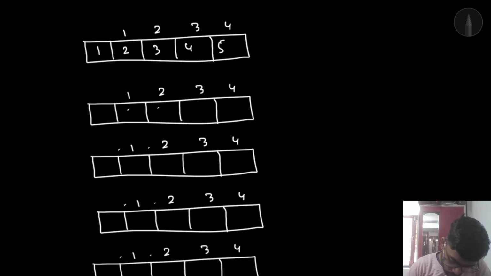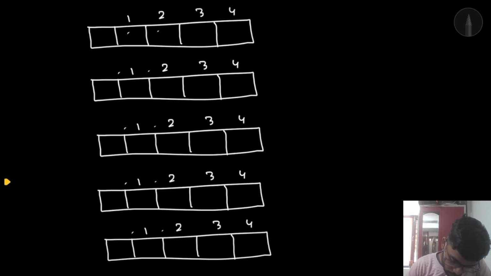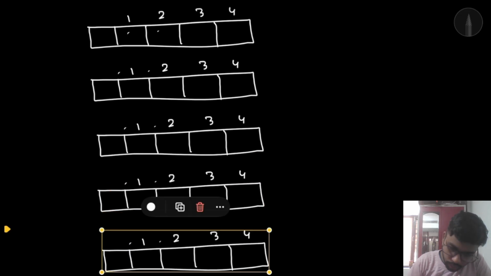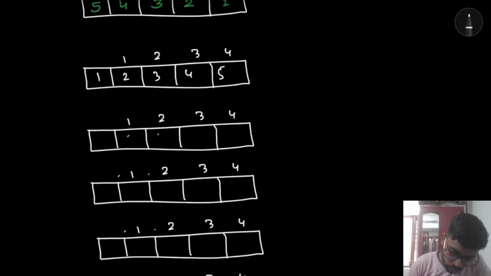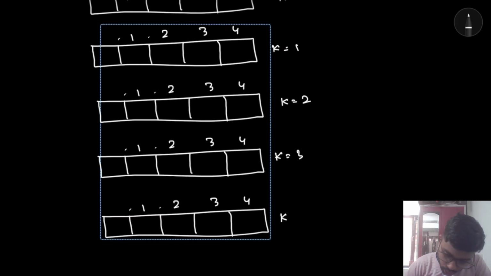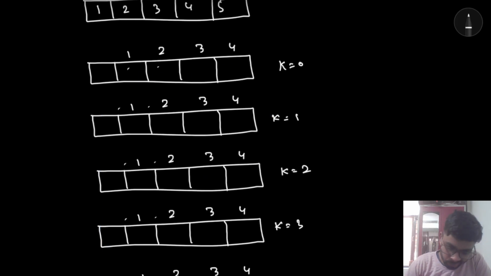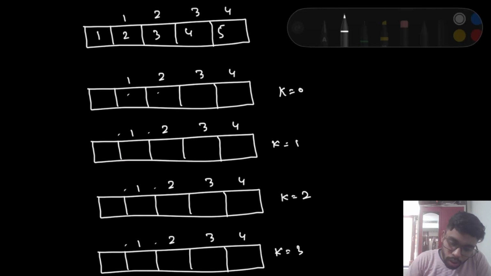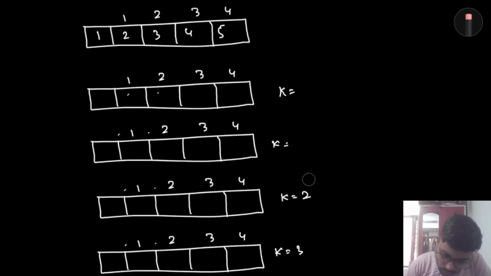So k equals 0, k equals 1, k equals 2, k equals 3, and k equals 4. My mistake, k will start from 1.